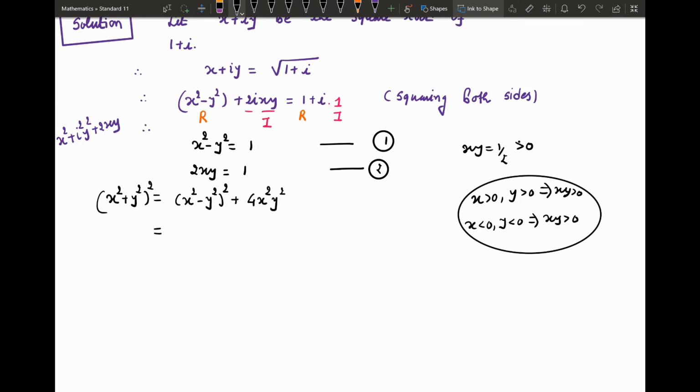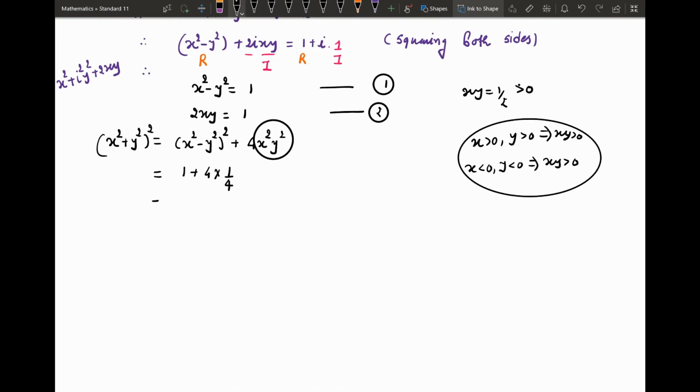X square minus y square is 1, so this is 1 plus 4 into xy equal to 1 half, so x square y square will be 1 by 4. So simplification, 1 plus 1, that is 2. So when we take square root, x square plus y square equal to root 2.